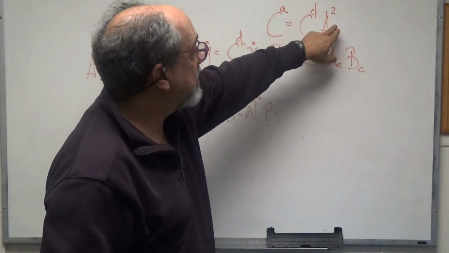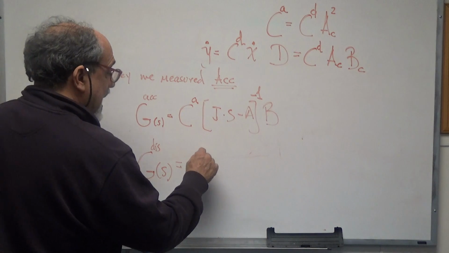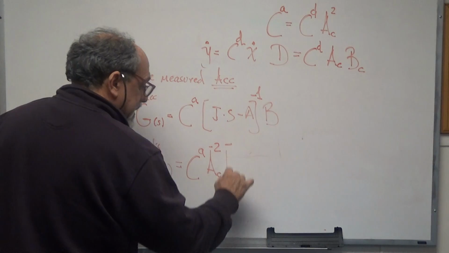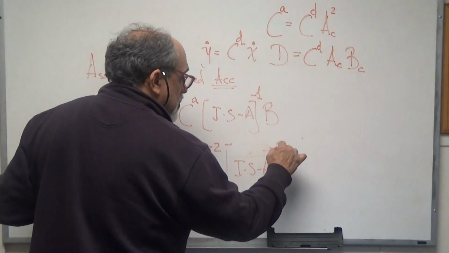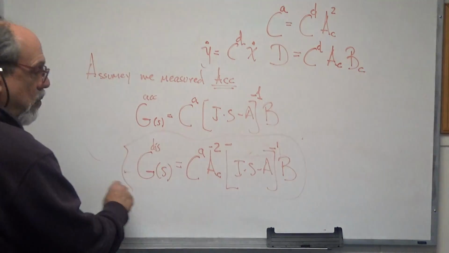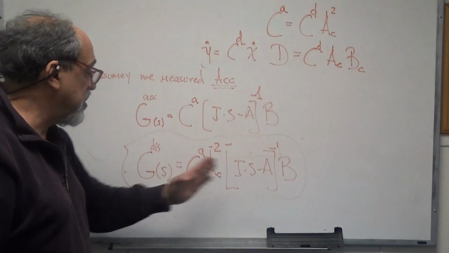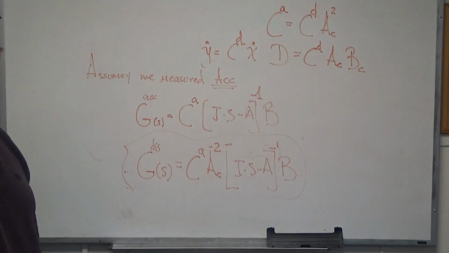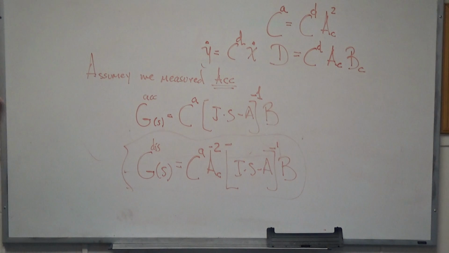It is CA times AC to the minus 2, so I just get CA times AC to the minus 2 times identity times S minus A to the minus 1 times B, and eureka, I got the matrix I want, which is the matrix connecting forces to displacements, even though I never measured displacements. I only measured accelerations, and it just pops out like that. Okay?